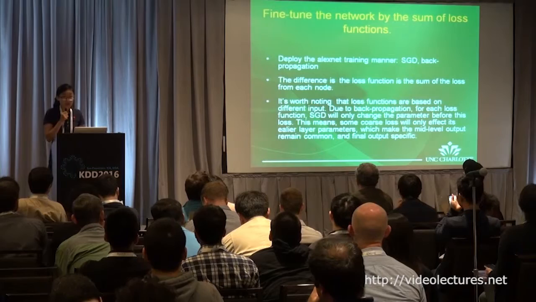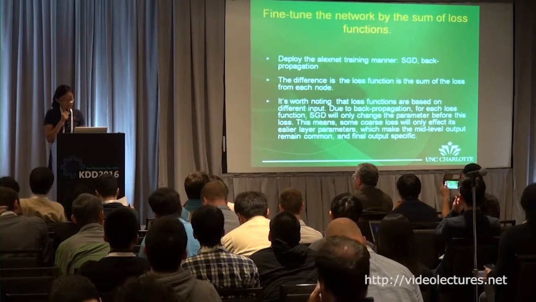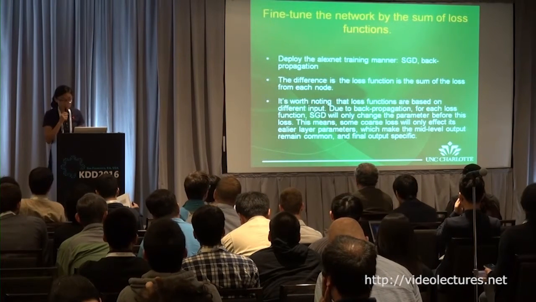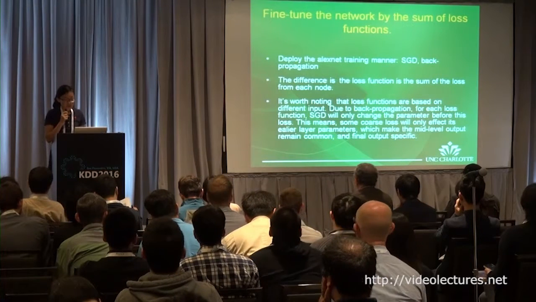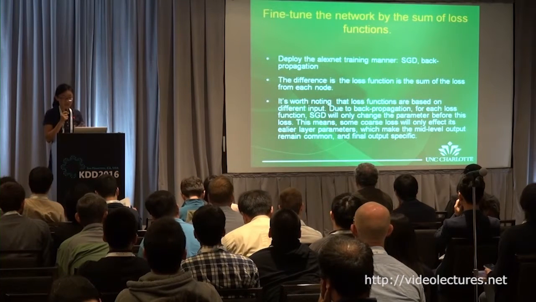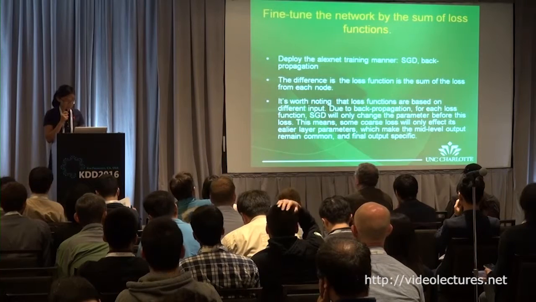We use SGD and backpropagation. The difference is that we do not have only one loss function. We have one loss function for each node. So we use the sum of all the loss functions as the one loss function for the backpropagation process.